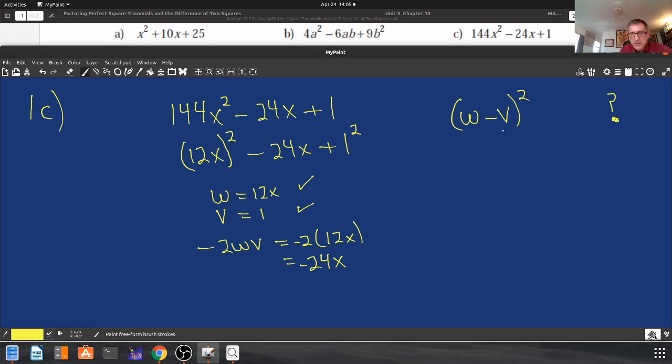So that means w minus v squared is equal to, my w is 12x and my v is 1. So I just learned that this polynomial is equal to 12x minus 1 squared. Let me write that a little better, because my w is 12x, not just 12. 12x minus 1 squared.